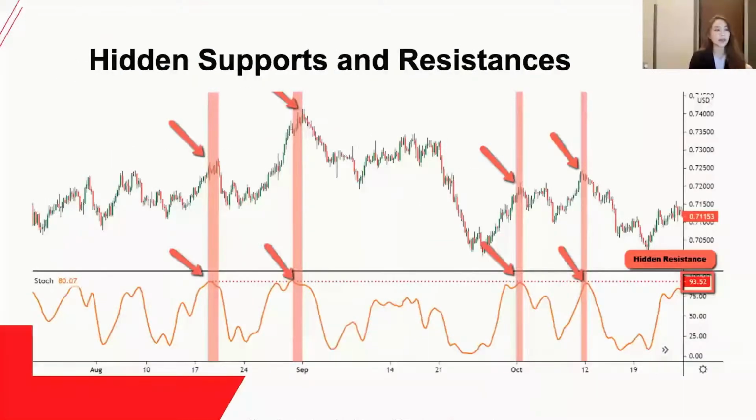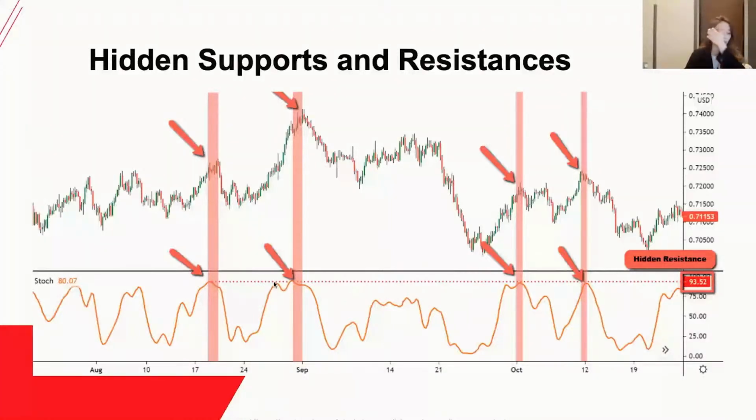However, if you look at how the price reacts and the momentum it carries in the stochastic indicator, you can see that on these four red highlighted areas, the price reactions are the peaks of the reaction, right? At the peak of the reaction, we are looking at 93.52, way above our normal range of 80.